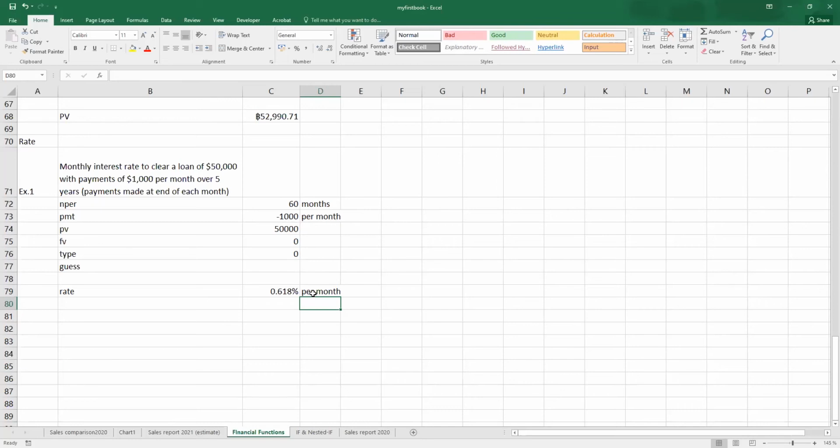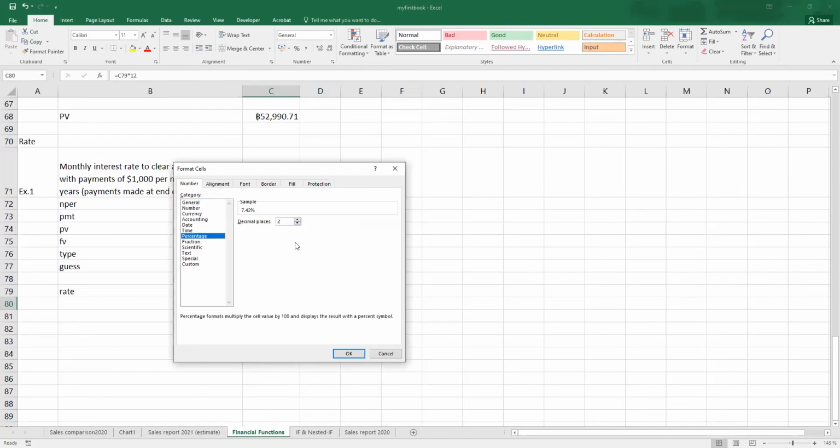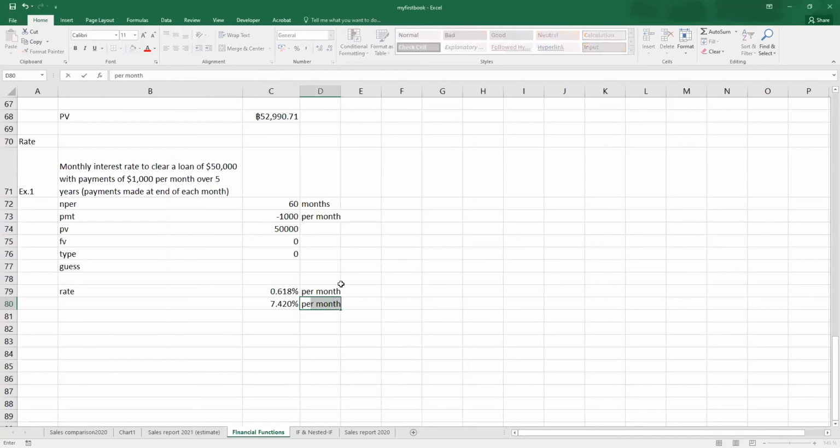But if you are asked to find the yearly or annual interest rate, then you have to multiply this one by 12. Okay, I put it as a percentage with 3 decimal points, per year.